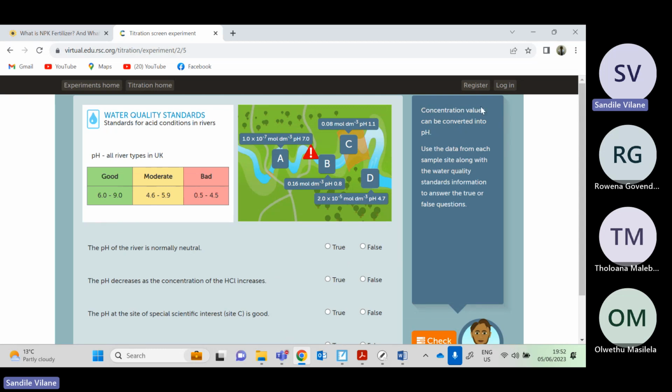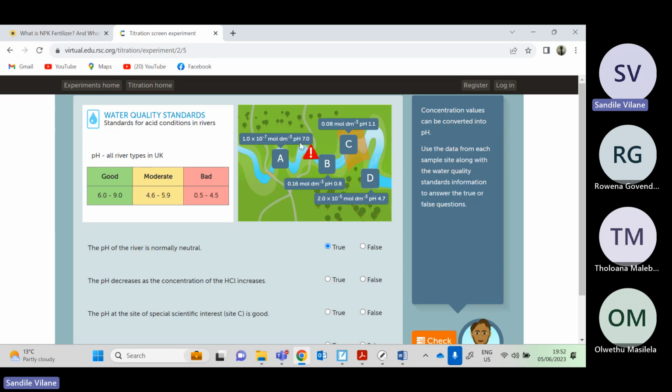So let us, concentration can be converted into pH. Use the data from each sample site along with the water quality standard information to answer the true or false question. The pH of the river is normally neutral. That is true because we can see site A is not contaminated.